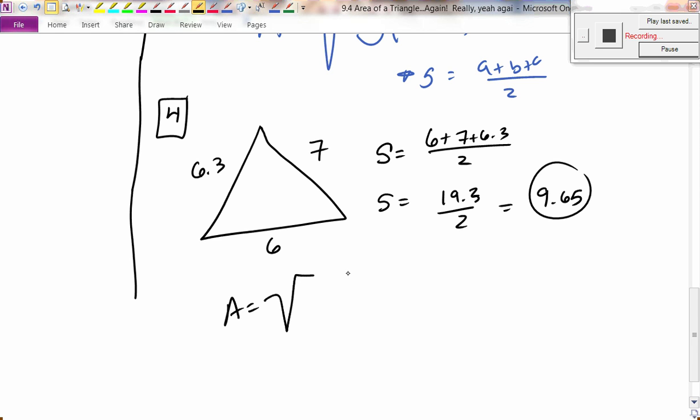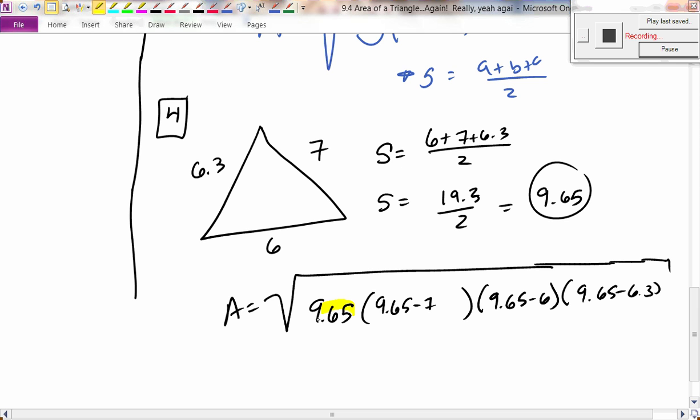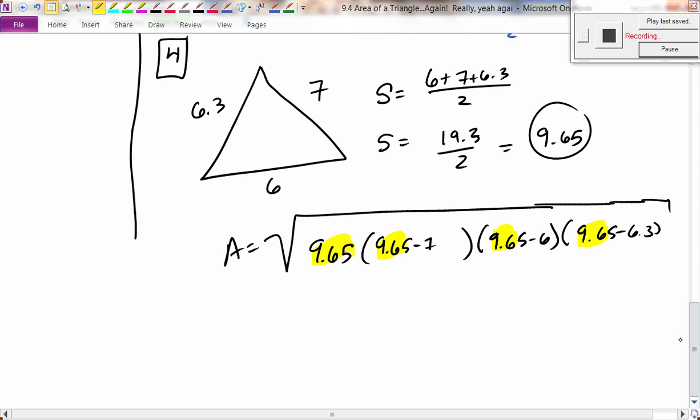So, square root of, we're going to take 9.65, multiply it by 9.65 minus 7, times 9.65 minus 6, times 9.65 minus 6.3. All you do is you take that magic s, it appears 4 times in Heron's formula. Once, twice, 3 times, 4 times. Okay?